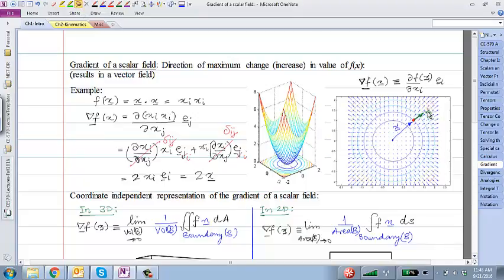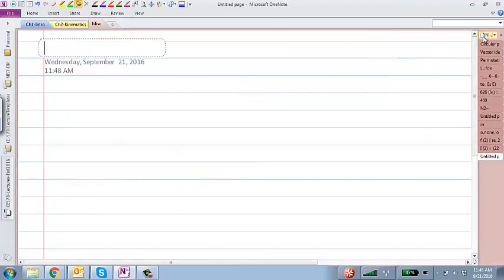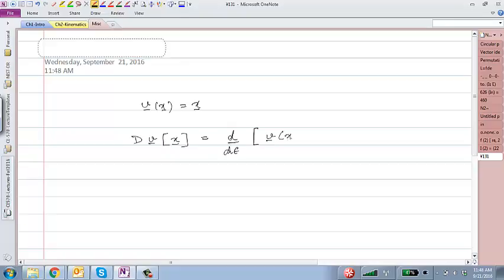If I do that, from the definition, if V of x is defined as x, then the directional derivative, and the way that we write the directional derivative is also important, we denote that with a capital V. The directional derivative of the vector field V in the direction n is given as d over d epsilon of V of x plus epsilon n.